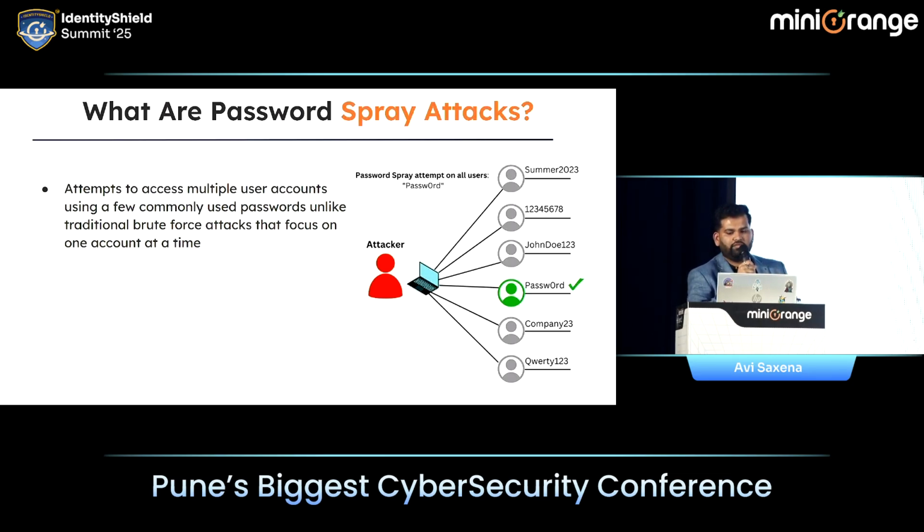So basically, if there is a password like summer 2023, they'll use that password against multiple accounts, which actually helps them avoid any kind of lockout. So AD has a lockout policy enforced, but in case of password spray attacks, if the lockout policy is not strong enough, it can be bypassed, and that could result in compromise of a few accounts.